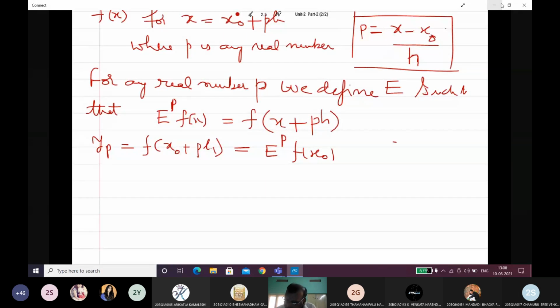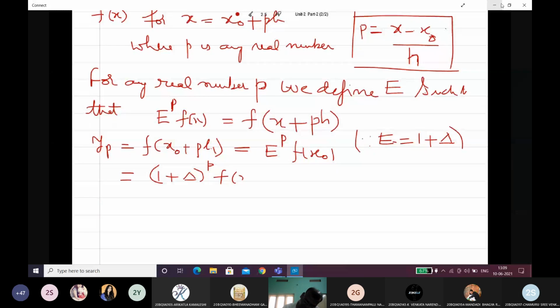Now what is the value of E? E is equal to 1 plus delta, that we have to apply here. That is equal to 1 plus delta whole power p into f of x naught. F of x naught is nothing but y naught.